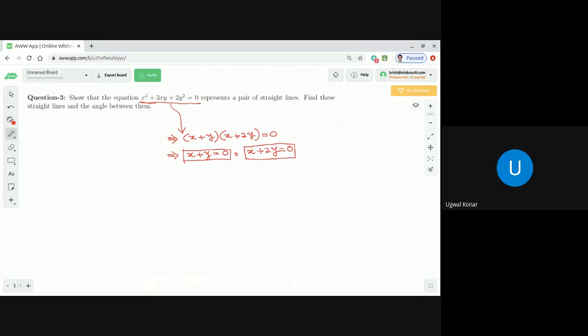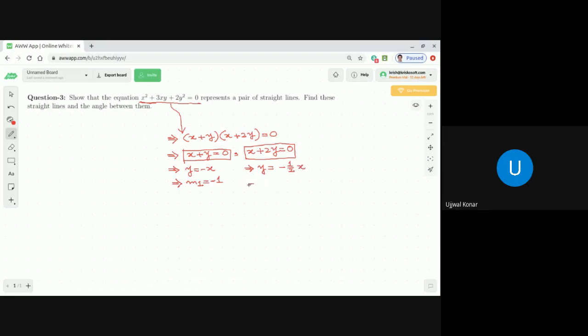Now, to find the angle between them, we need to know their slopes, and it is pretty simple to find. If M1 is the slope of the straight line x plus y equal to 0, then obviously M1 is equal to minus 1, because x plus y equal to 0 means y equal to minus x, and the slope is the coefficient of x on the right hand side. Similarly, from x plus 2y equal to 0, we can write y equal to minus 1 by 2 into x.